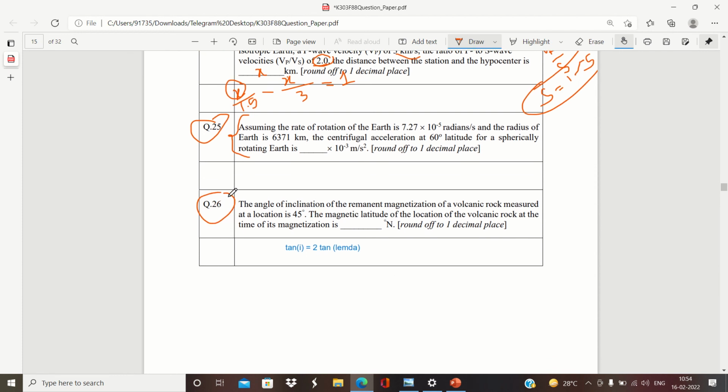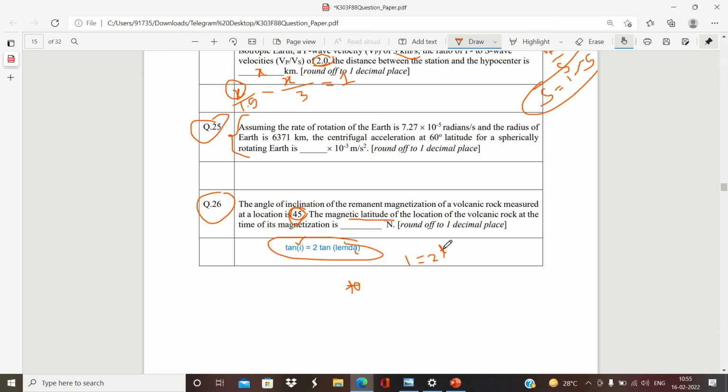Then question number 26. The angle of inclination of the remnant magnetization of a volcanic rock, measured at a location, is 45 degrees. What will be the magnetic latitude of the location of the volcanic rock at the time of magnetization? So here is the formula. Tan I is equal to 2 tan lambda, where I is the inclination, that is 45 degrees, and we have to find lambda. So tan 45 is 1, which is equal to 2 tan lambda.